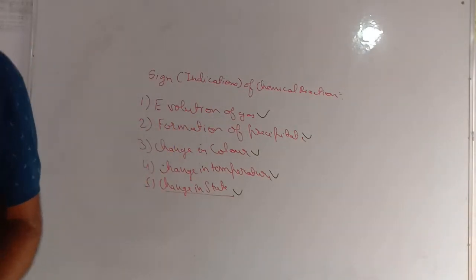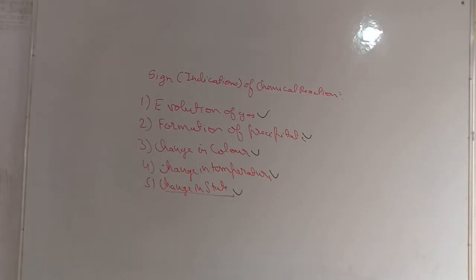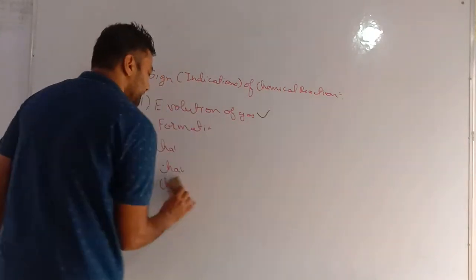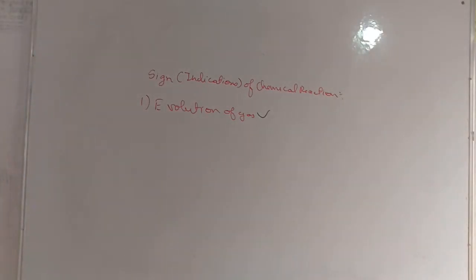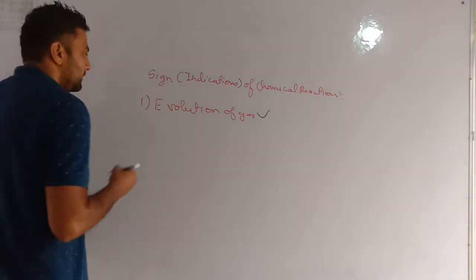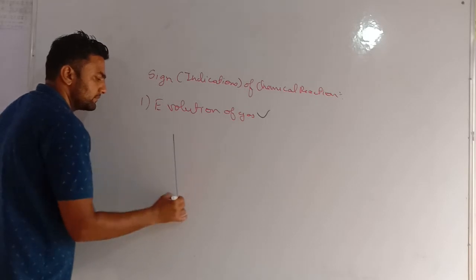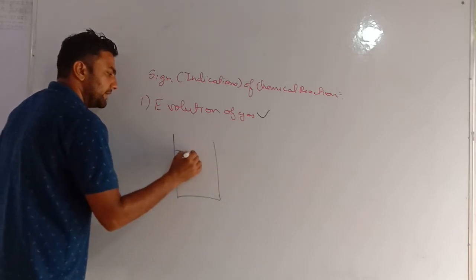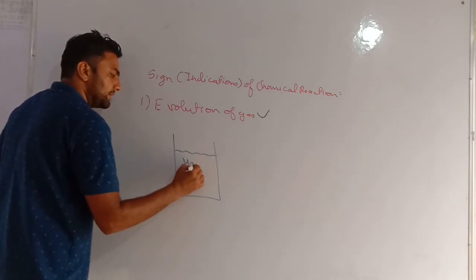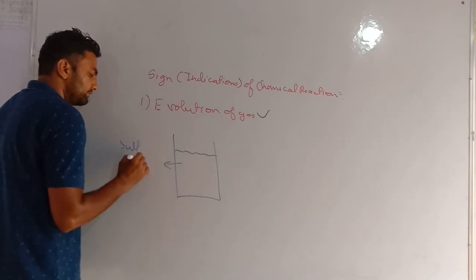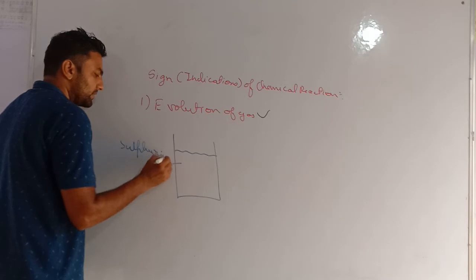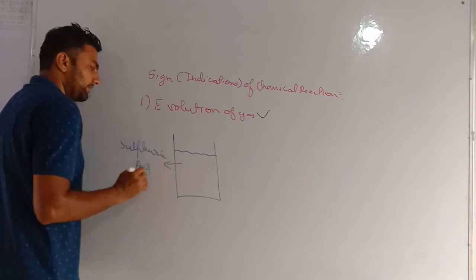First one is evolution of gas. Let us see one very common example. There is sulfuric acid in this. I'll just write sulfuric acid.